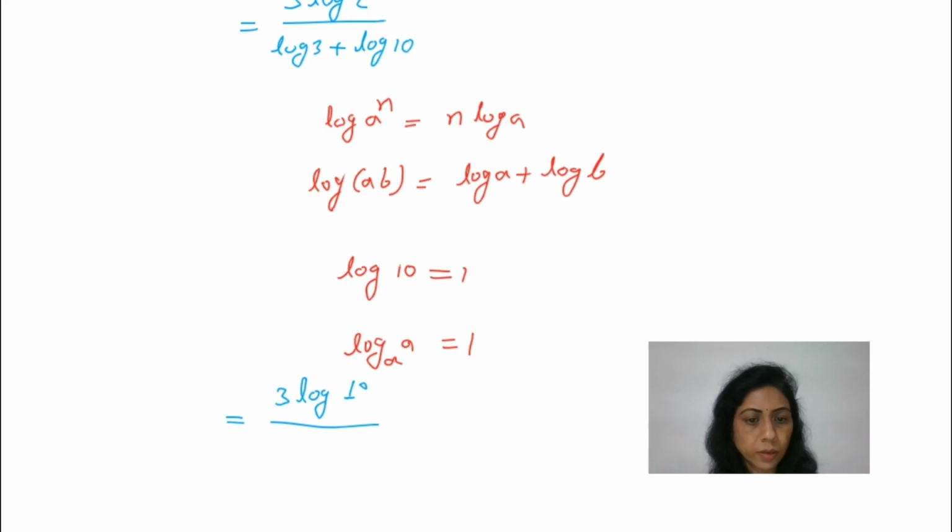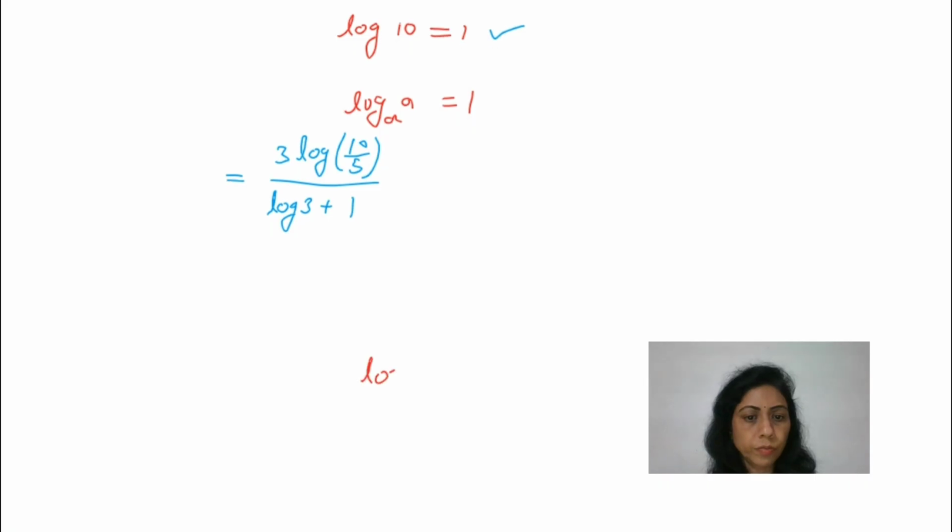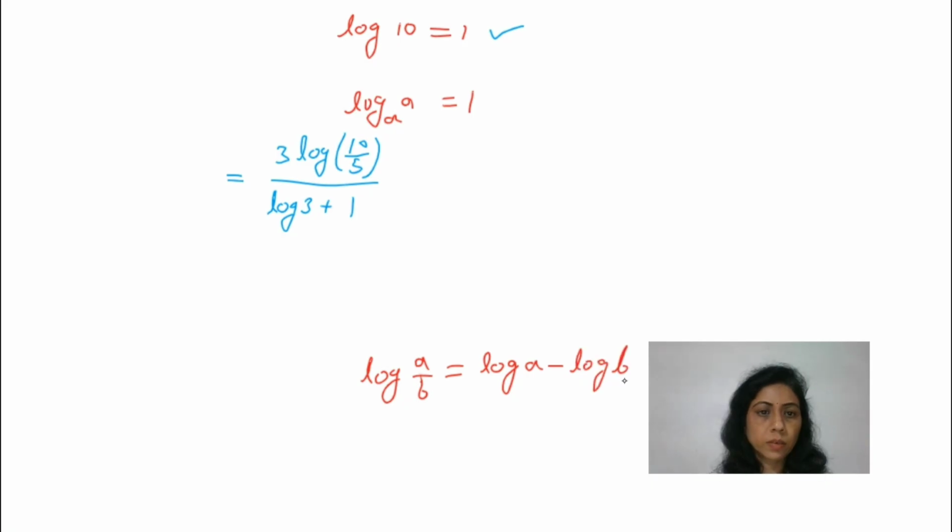Okay, and this is log 3, and log 10 value is 1. If given log a upon b, so according to logarithmic property log a minus log b. Okay, this property we can apply here, log 10 upon 5.